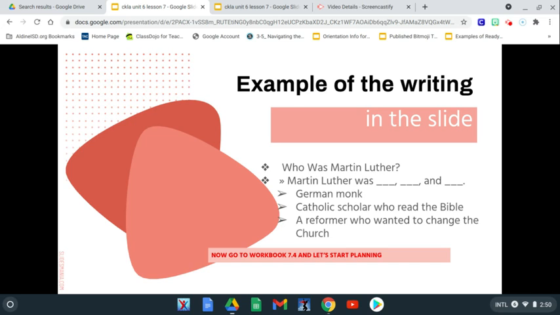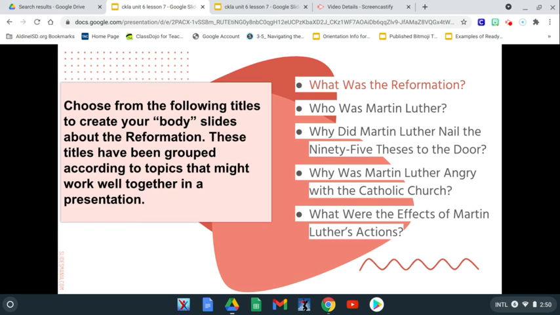Now we're going to go ahead and look at activity 7.4, and then we're going to start planning. You're going to choose one of the following titles. You can underline it, highlight it, or put an arrow there and say, "Miss Rogers, this is the one I want to do." That's the title of the presentation that you're going to put together.